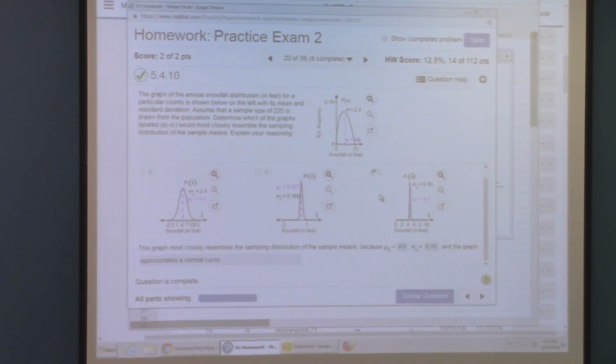So this magic is known as the central limit theorem in statistics, and it's the most important theorem in all of statistics, right? And this is the reason why normal distribution is used all the time, right?